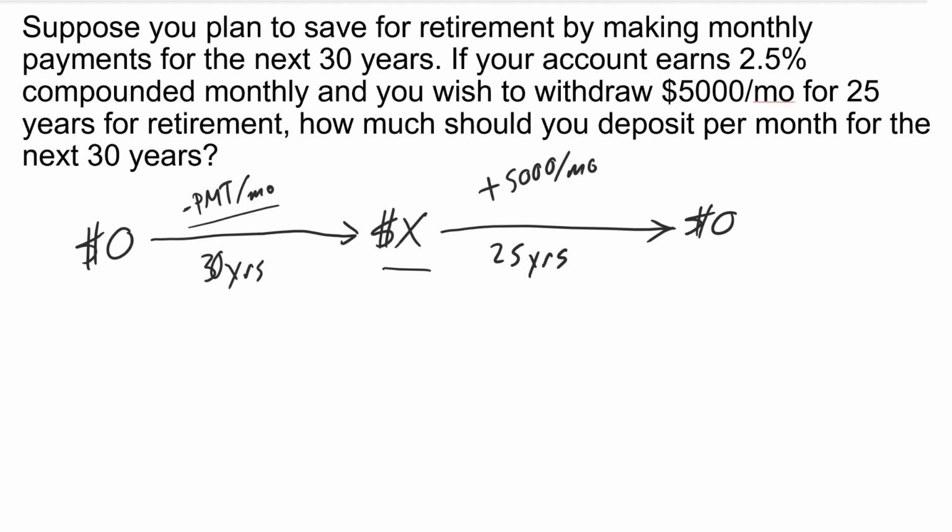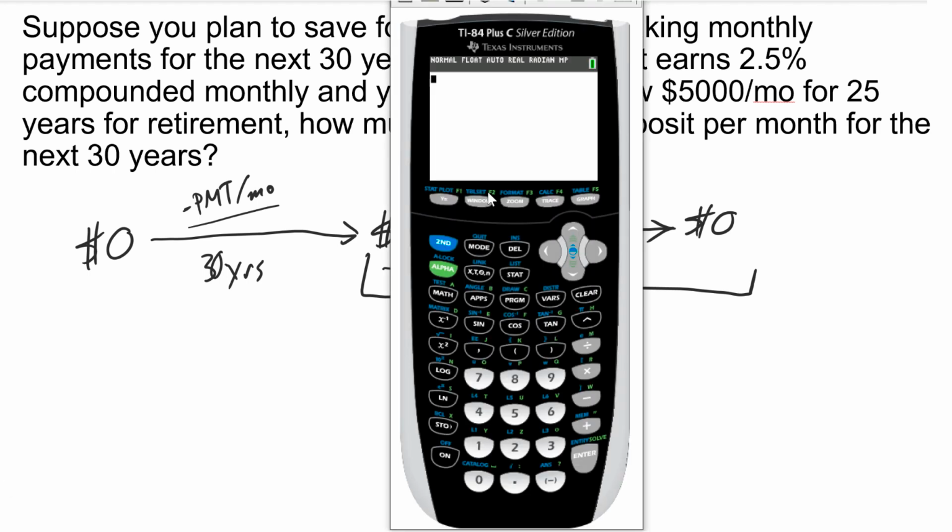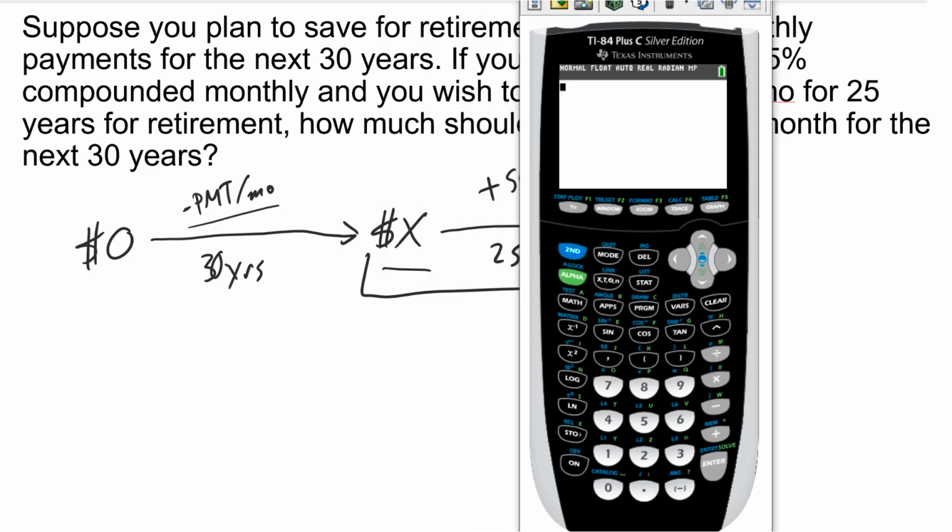We don't know the payment and we don't know X. So in these two-part problems, you need to figure out which part you can solve for first. And for us, that's going to be the second part. We can use the fact that we want to withdraw $5,000 a month and end with $0 to find X, how much we need to retire on. All right, so to do that, we'll get our calculator out and our TVM solver.